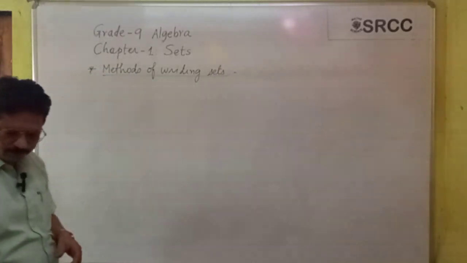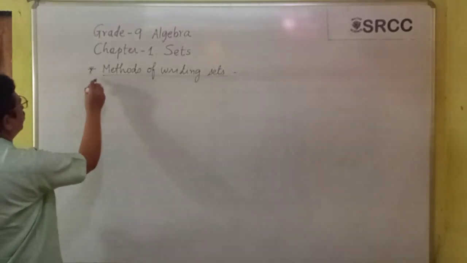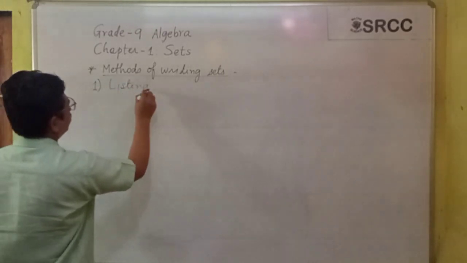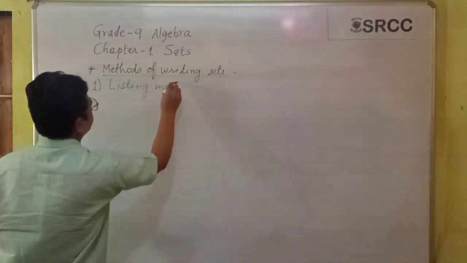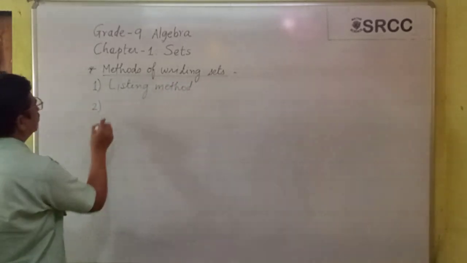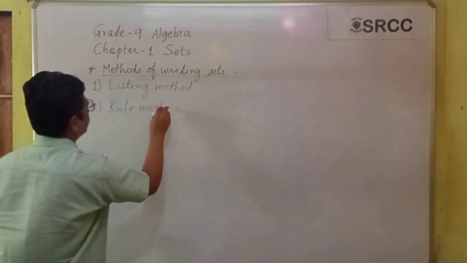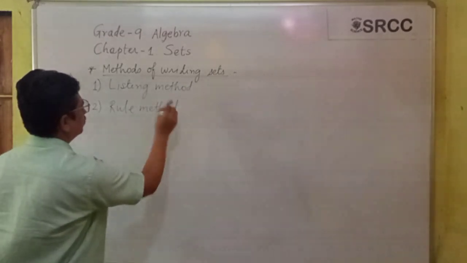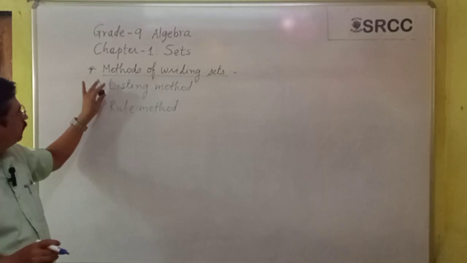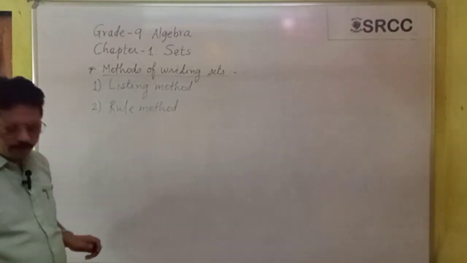There are two methods for writing a set. First method is the listing method and the second method is the rule method.